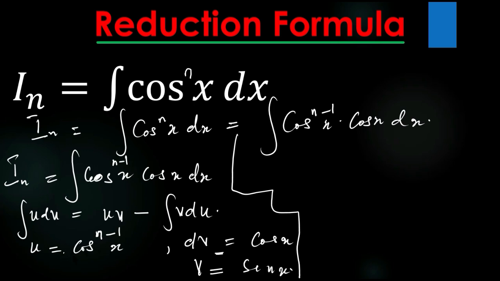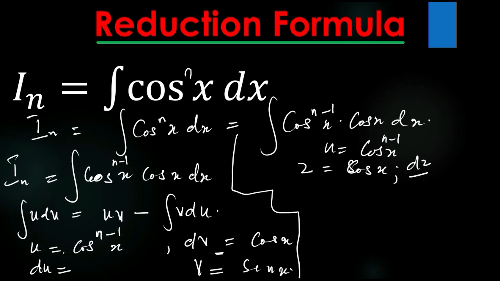But to differentiate u and come up with du, I'll need to use function of a function. Let's quickly do that by the side here. If my u is equal to cos x raised to power n minus 1, I can let z be equal to cos x, so that dz/dx is the same as minus sine x.